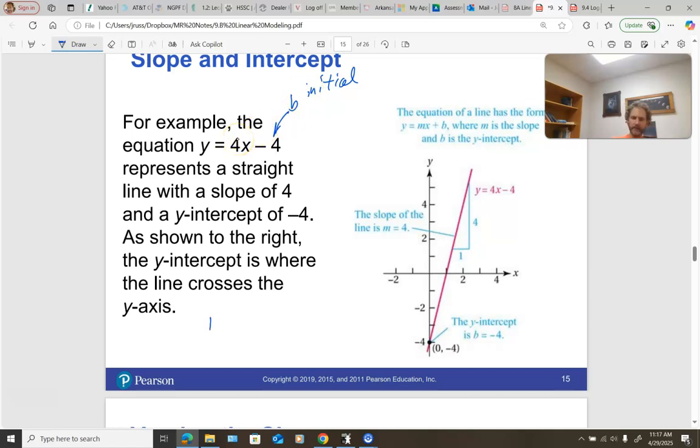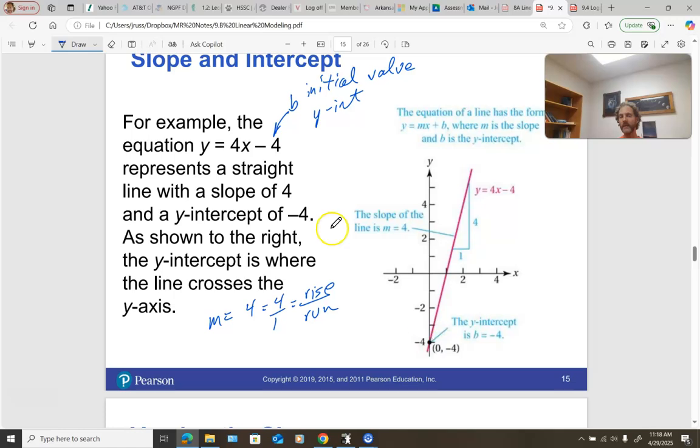And then you use the slope, which is 4, or 4 over 1. Think about 4, which is the same as 4 over 1. Think about the rise over 1 again. Okay? So once you know what your y-intercept is, I'll finish writing the rest of this. Okay. Once you know that this line is going to cross the y-axis at negative 4, you put a point there.